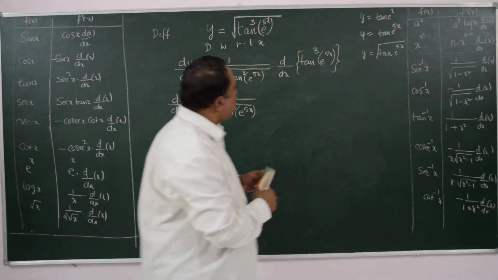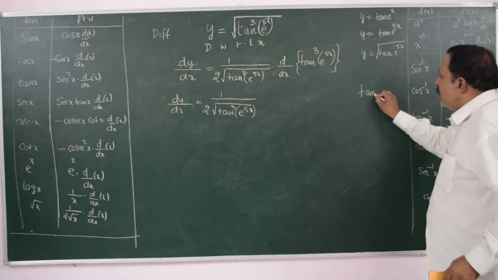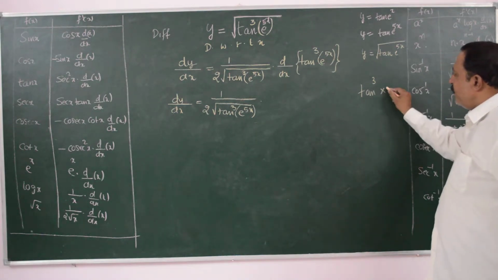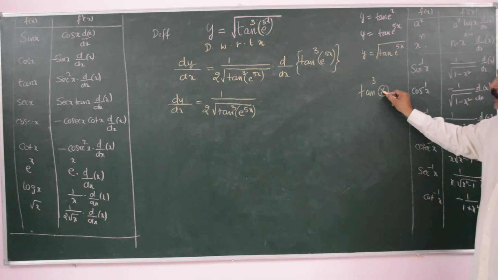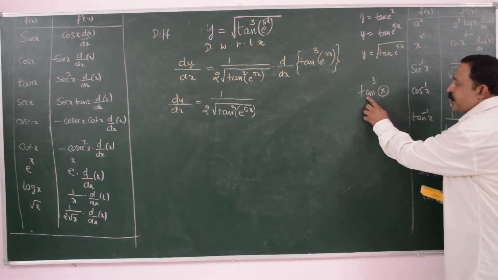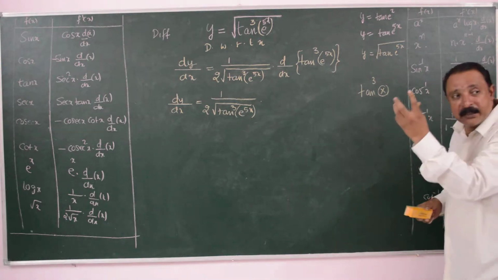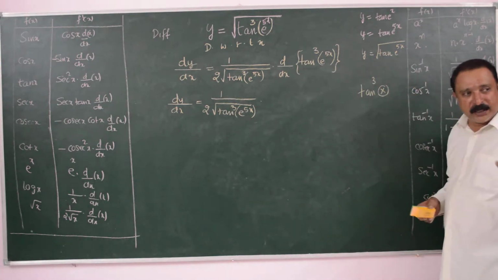Now when you look at this, it gives the form tan cube x, where x is e power 5x. In place of x, you can take it as e power 5x. Now to differentiate tan cube x, you will think that the tan function is raised to the power 3.